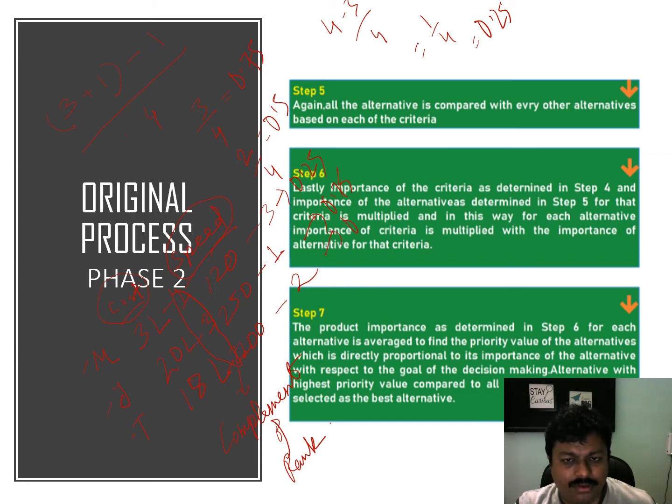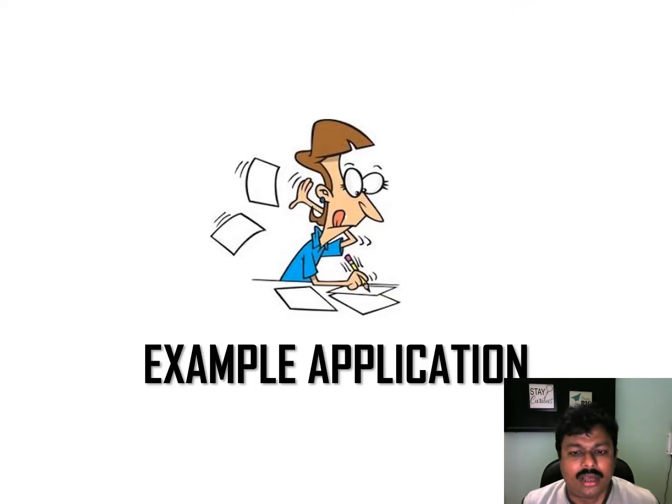And these will be your 0.5. Now, what we will do is we will just compare each alternative with respect to the other, and let us use the example.